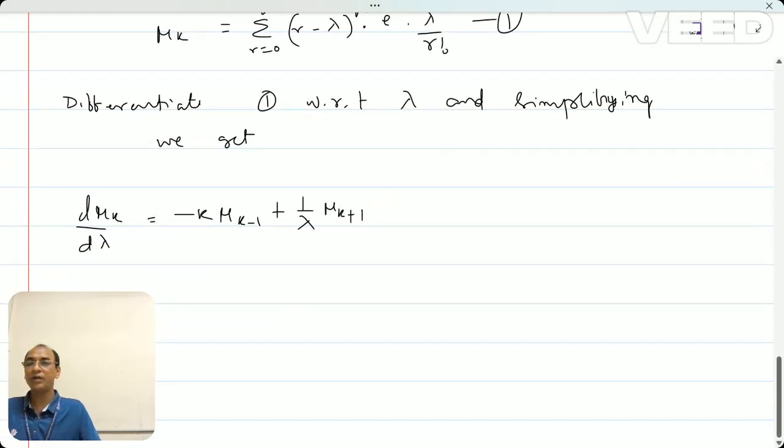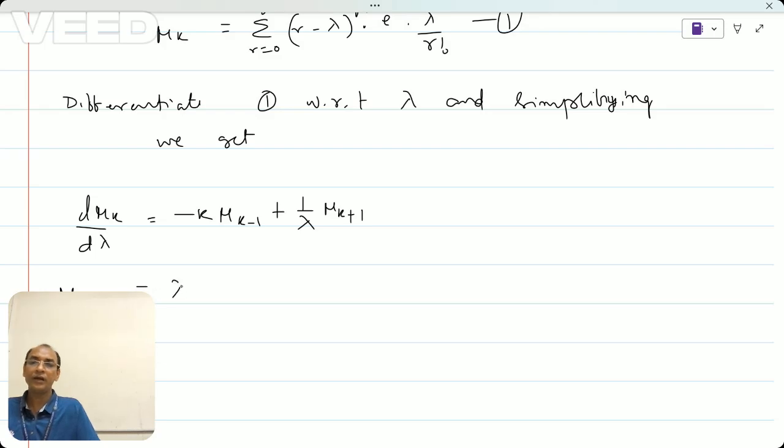And from here, mu k plus 1 will be lambda into d mu k by d lambda plus k into mu k minus 1.